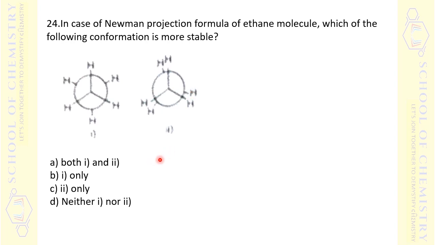You might be knowing that this second one, whatever they have given, it is actually eclipsed. This is eclipsed one, right? Whereas this one is called as staggered, right? So now among eclipsed and staggered, in the case of eclipsed, the electron pairs of this CH bond will be interacting very strongly with the electrons of this CH bond, because of which torsional strain will destabilize these molecules.